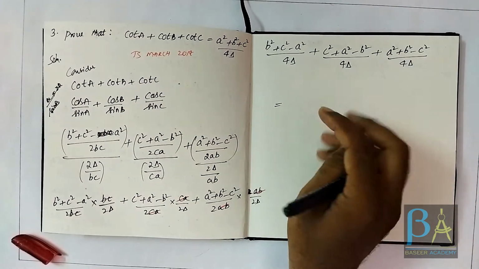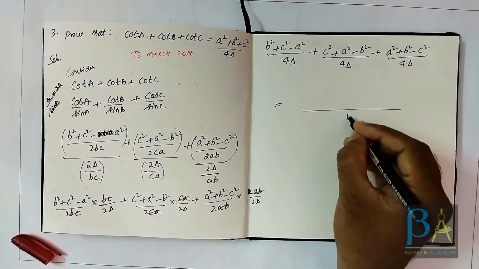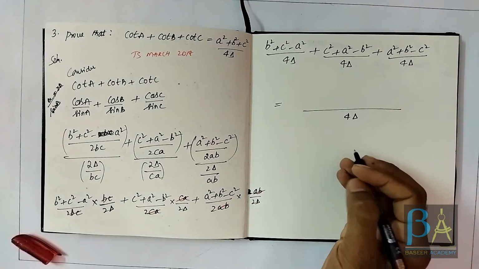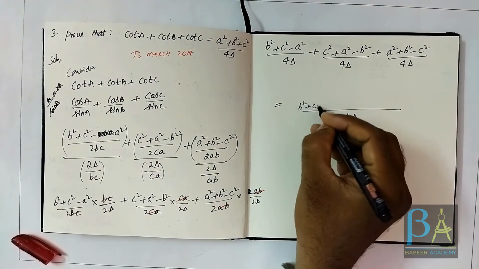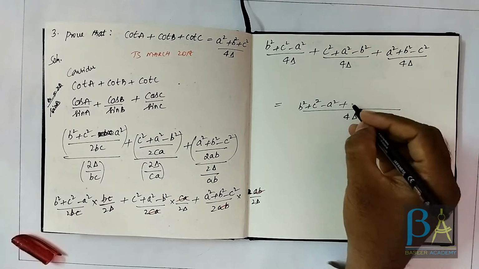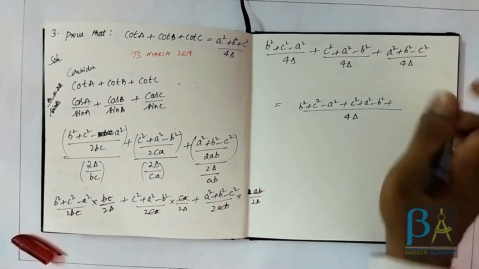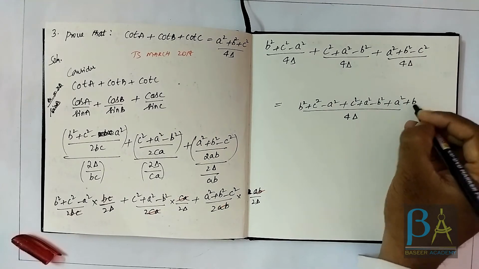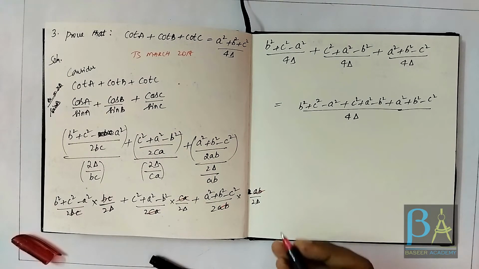Now what I can do here, since all the terms have the same denominator, the LCM is obviously going to be the same thing, 4 delta as it is, and then you can add up the numerators, right? Let me add up the numerators. B square plus C square minus A square, and then plus C square plus A square minus B square, and then A square plus B square minus C square. Is there something that I can cancel here? Okay, I believe I can.